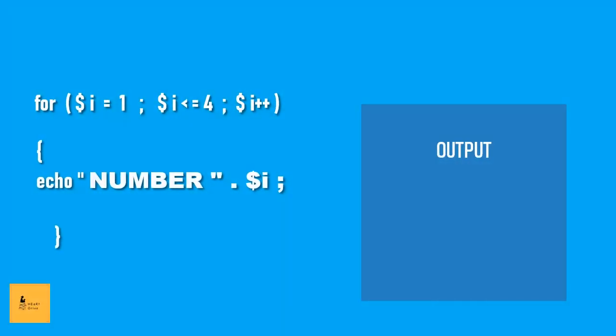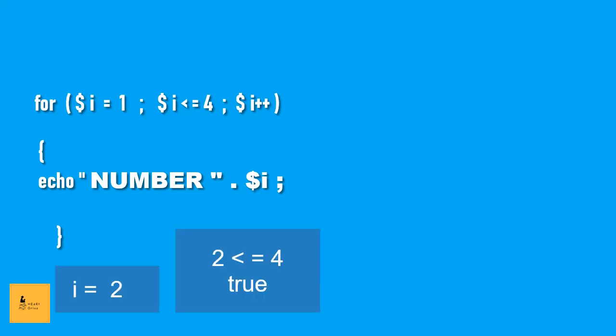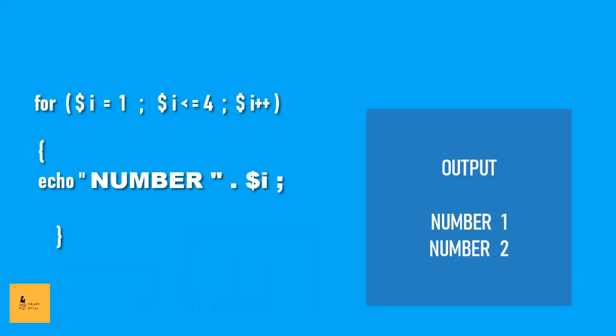When this program is executed, in echo I have given number, so first number will be printed, and for this $i, the initial value of $i is 1, so that will be printed, and then $i value will get incremented to 2. Test condition is true, so number 2 will be printed in the output.